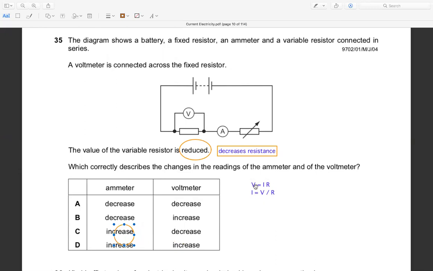Then V, because R decreases, V will decrease also. So the best answer is increases and decreases, C. That's it.